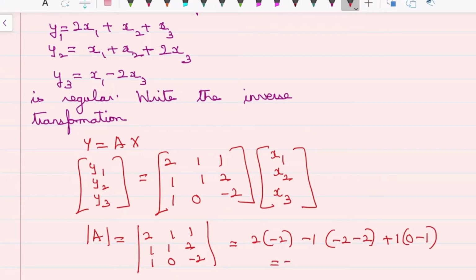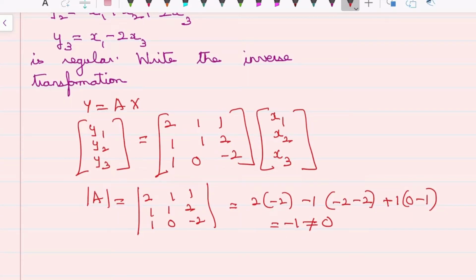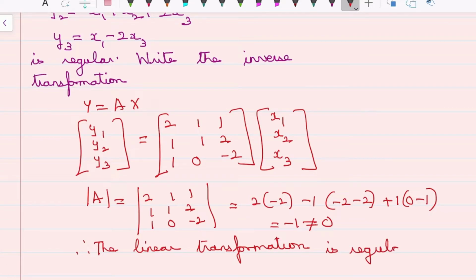So this is minus 1, which is not equal to 0. Since determinant A is not equal to 0, A is non-singular, and therefore the linear transformation is regular.